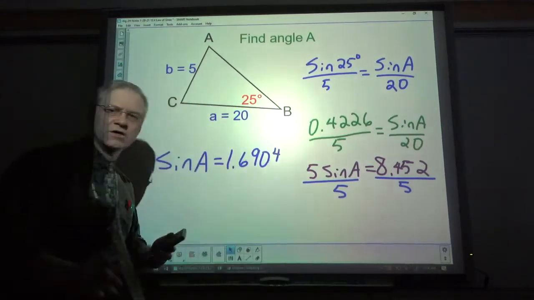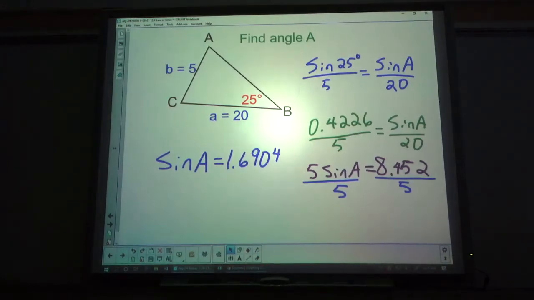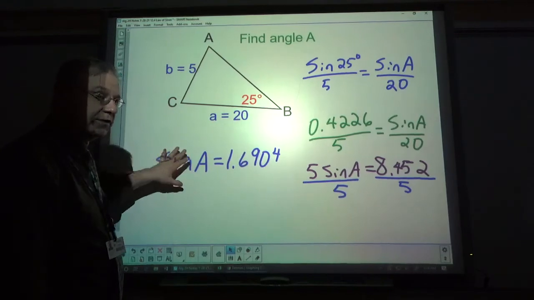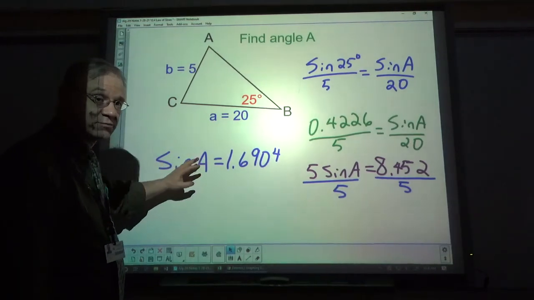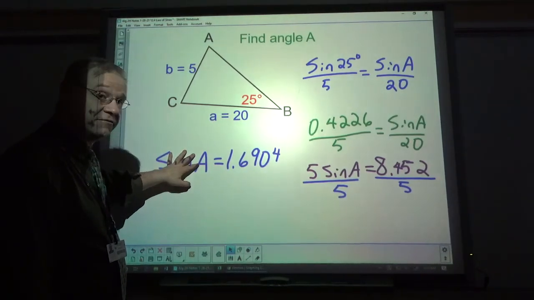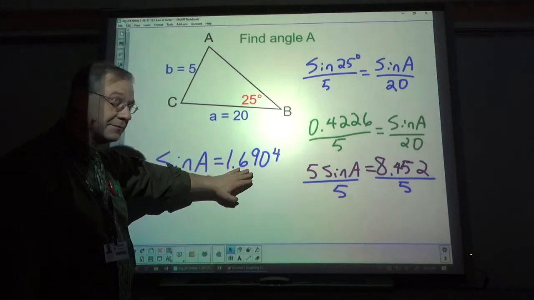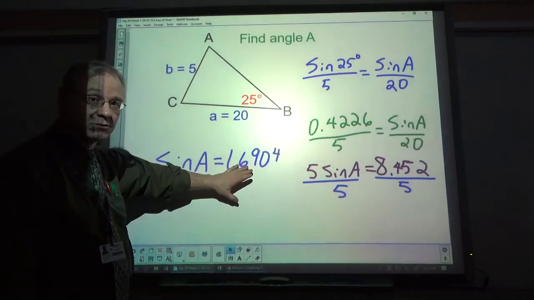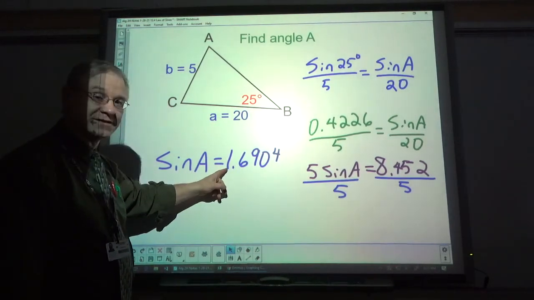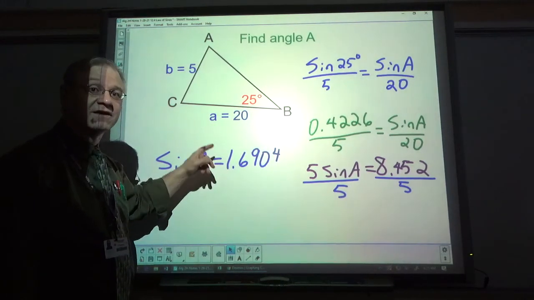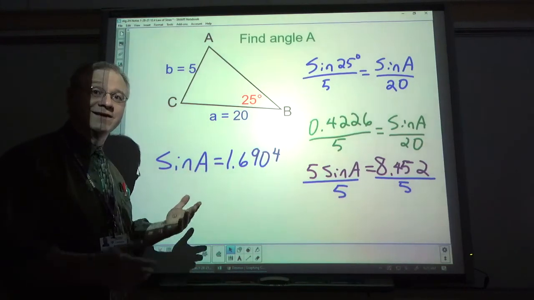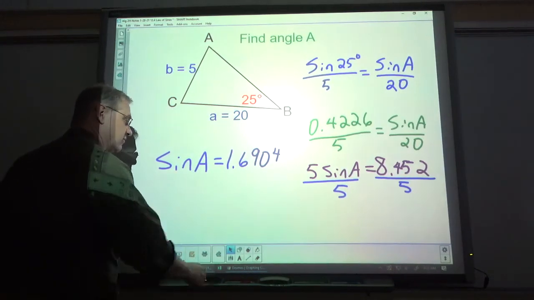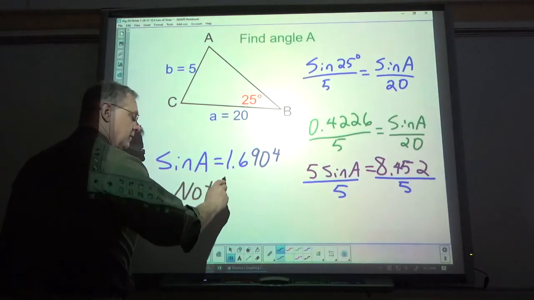Now a minute ago, we just said that sine by itself, without a multiplier or addition or subtraction with the expression, sine of an angle can't be bigger than 1 or smaller than -1. It has to be either equal or between. This is bigger than 1. If you try to do inverse sine with that, it's going to give you an error. So this is not possible.